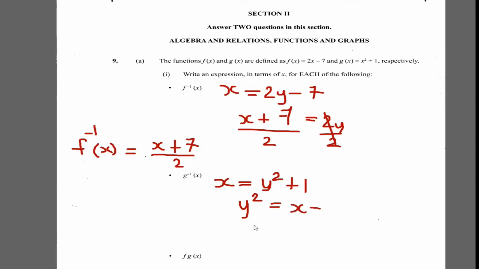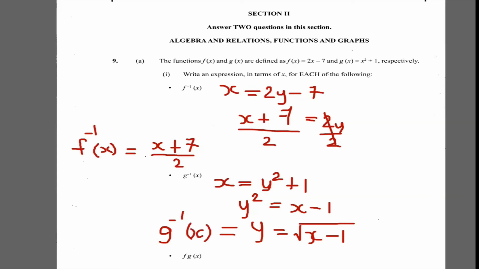You then square root both sides to say that y is equal to the square root of x minus 1. This y is then g inverse of x. So this is a very easy question, nothing major to it, nice and easy.